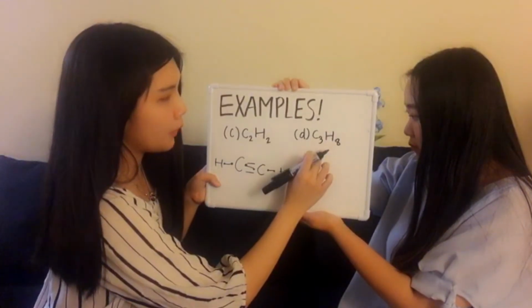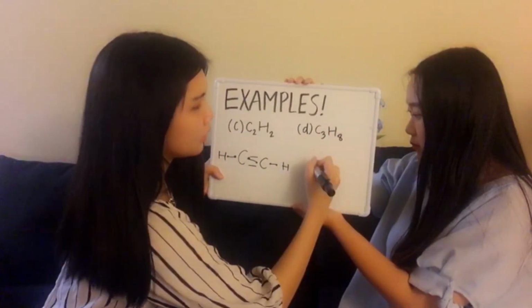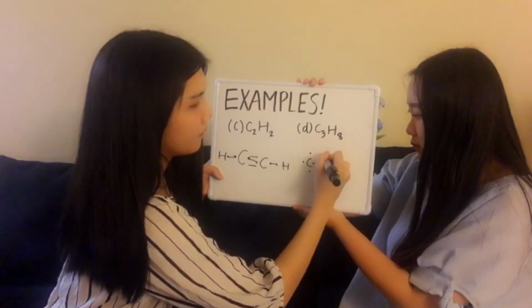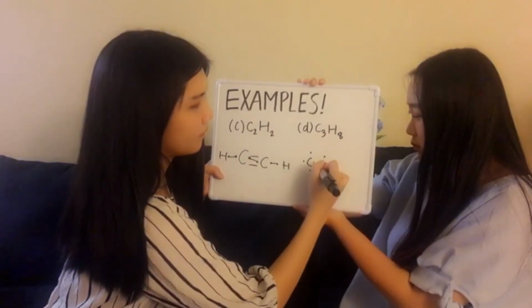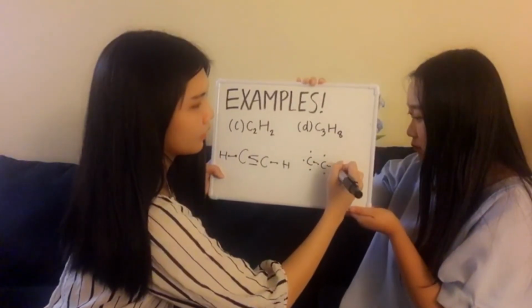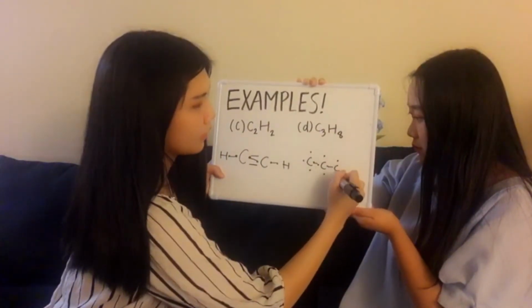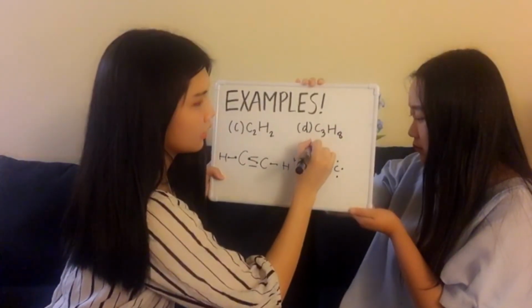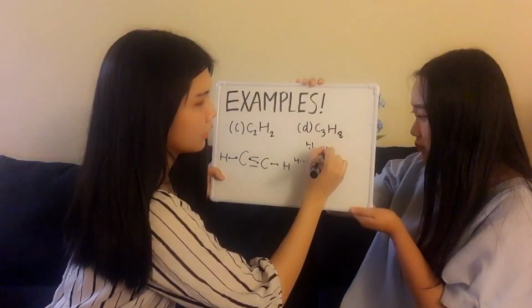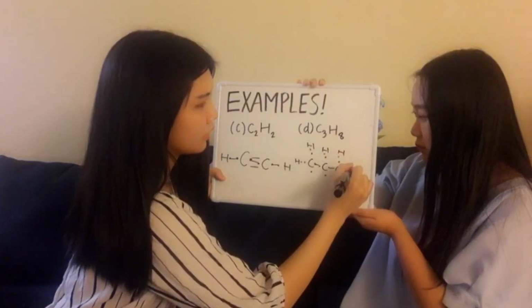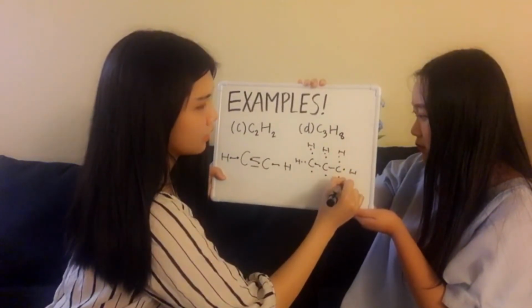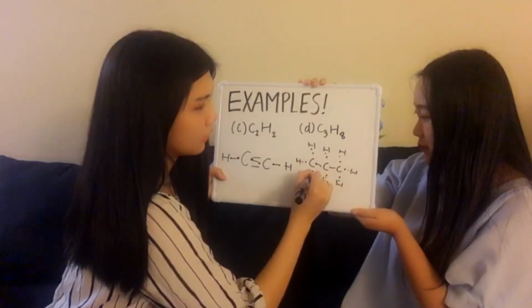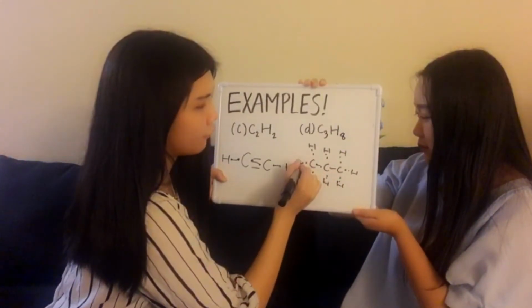In this example, we have C3H8. So draw out all the carbons, and then the hydrogens, and form the bonds.